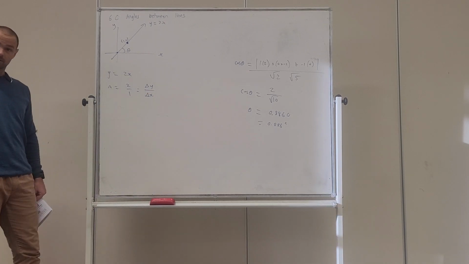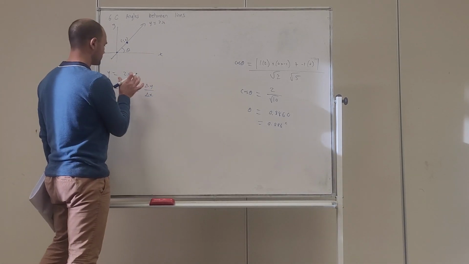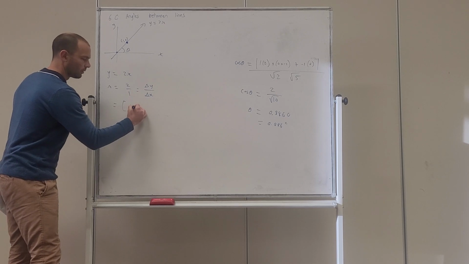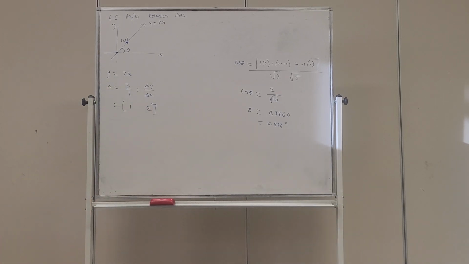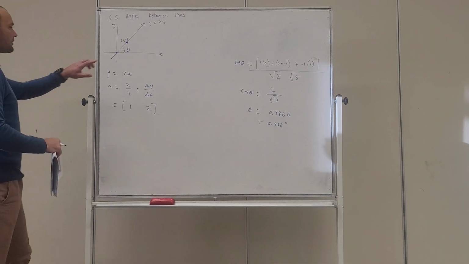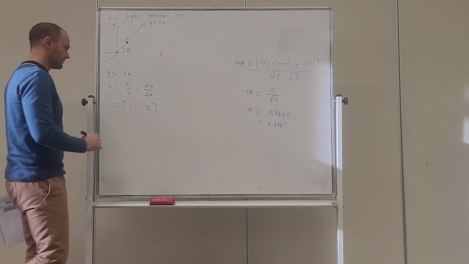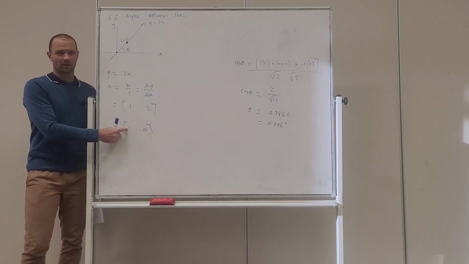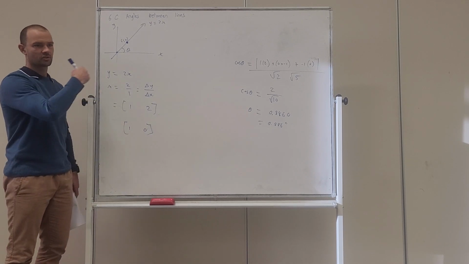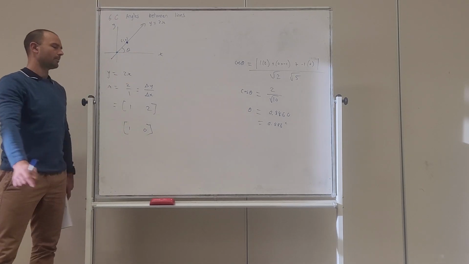So the direction vector that results from a slope of 2 on 1 is across 1, up 2. That's the direction vector of the line y equals 2x. And the direction vector of the x-axis is just going across 1, up 0. We can put any constant here. The x-axis is just going across, and it's not going up or down.